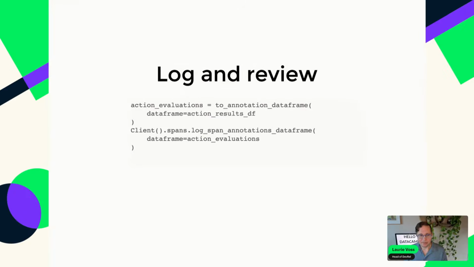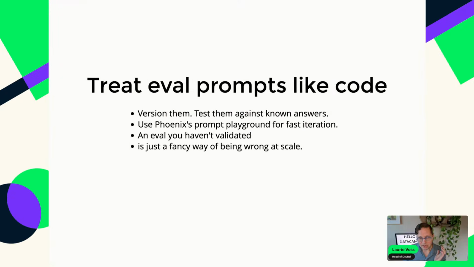An important thing about writing evals like this is that you should treat your eval prompts like code. They are sensitive to wording. Small shifts in your evals can shift your results significantly. So you should be versioning them. You should be testing them on examples where you know the right answer.